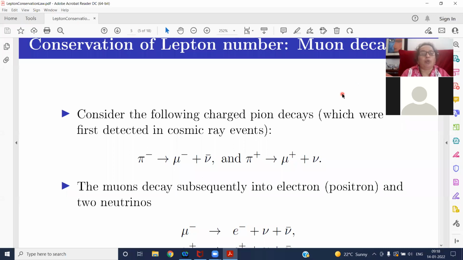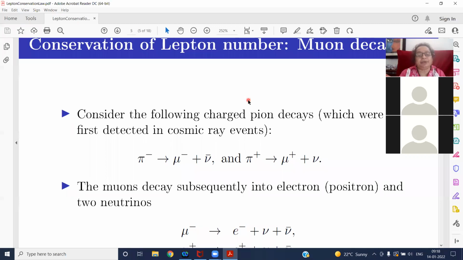Yes, that's what I have taught you, right? The Reines-Cowan experiment detects antineutrino. If I keep a source of neutrons, I will be able to find antineutrinos, like neutron decaying into a proton plus an electron plus antineutrino. I will be able to use this process and check whether antineutrino is there in that Savannah River reactor.